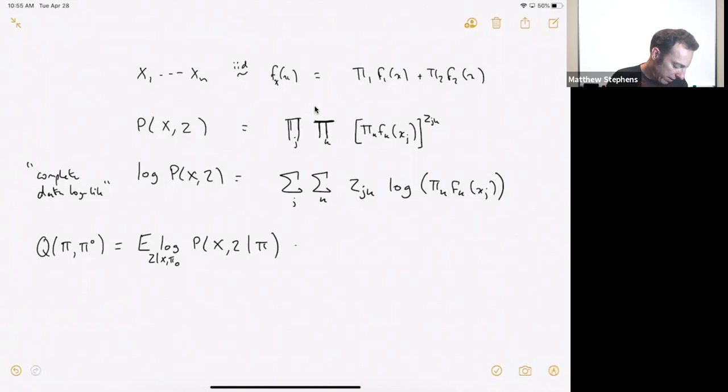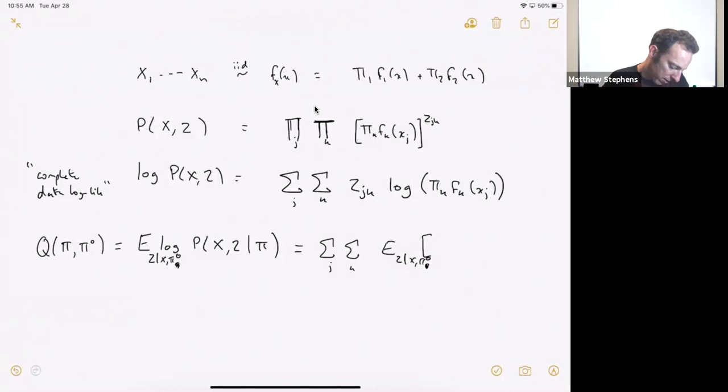So if we take the expectation here, we're taking the sum over j, of course, sum over k, E of Z given X and pi 0. Maybe I should use a superscript 0 to avoid confusion. So pi superscript 0 is the pair pi1, pi2, that's the current value of that pair pi1 and pi2.